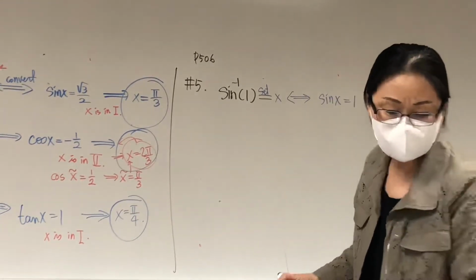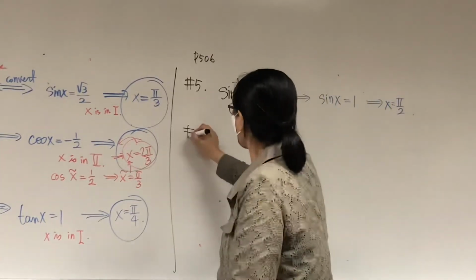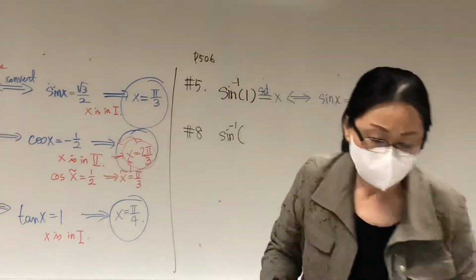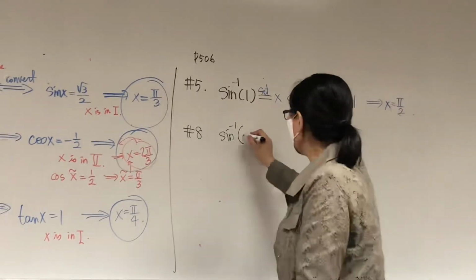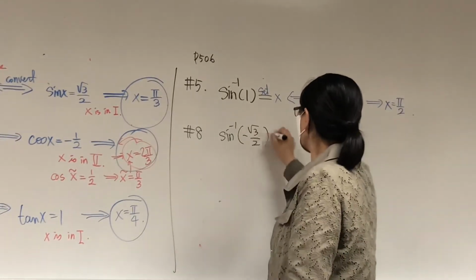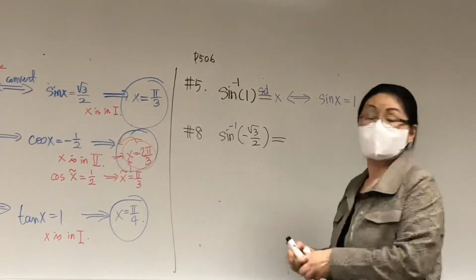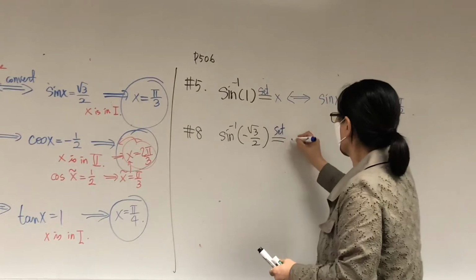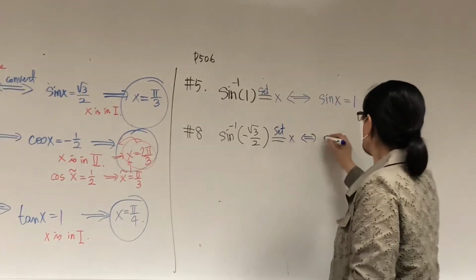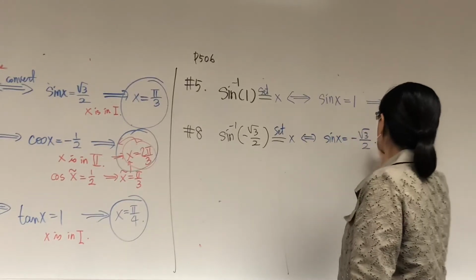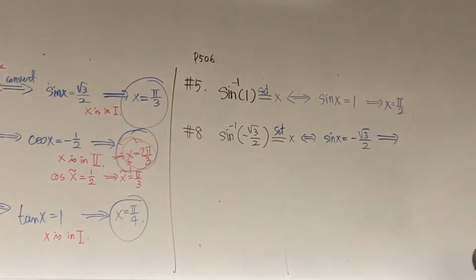8. Sine inverse of negative square root 3 over 2. Same thing, set x, right? And then which quadrant is that going to be in?